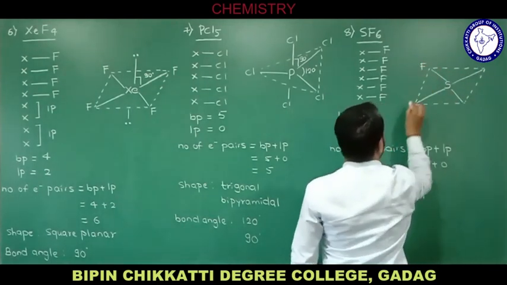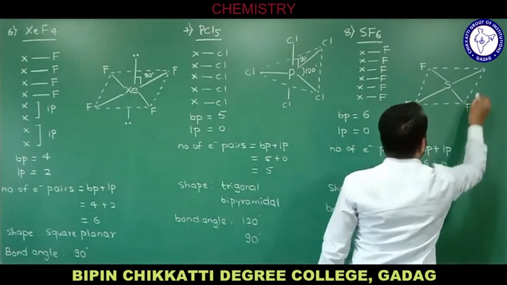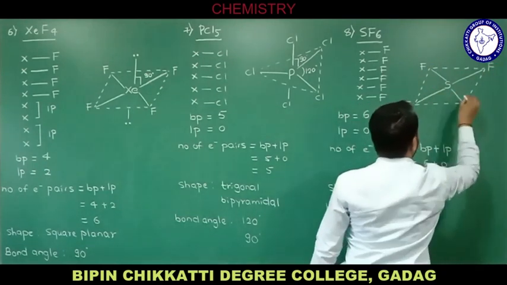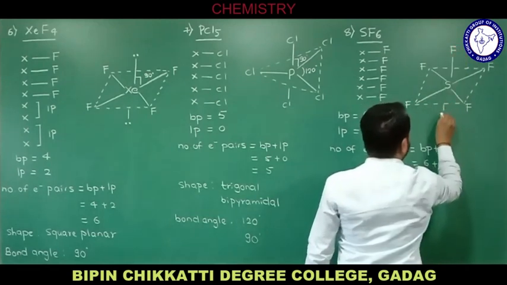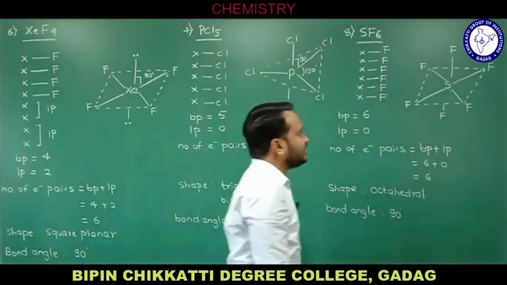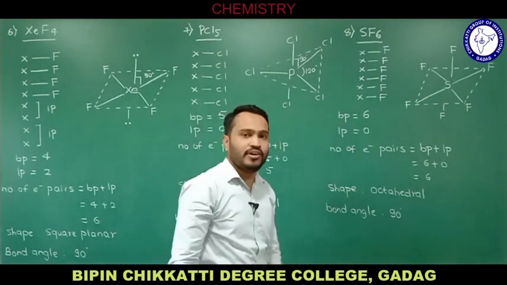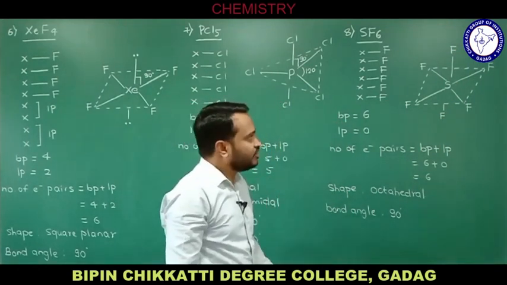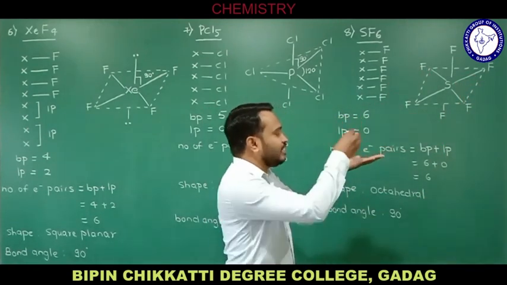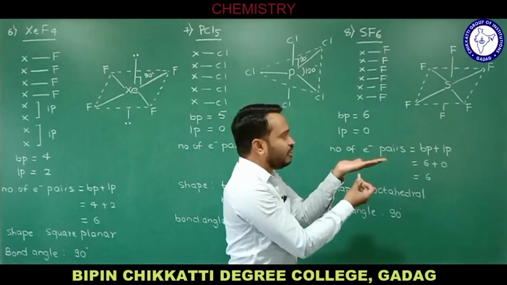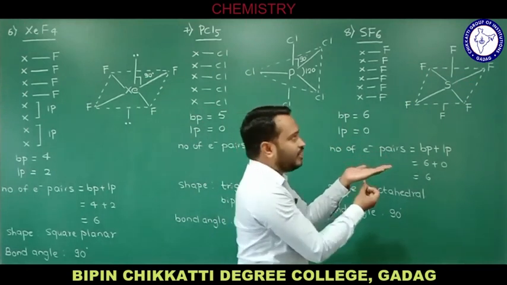So 4 F will be in this position, and this is the plane, and 1 F will be above the plane and 1 will be below the plane. So SF6, and this shape we call octahedral.